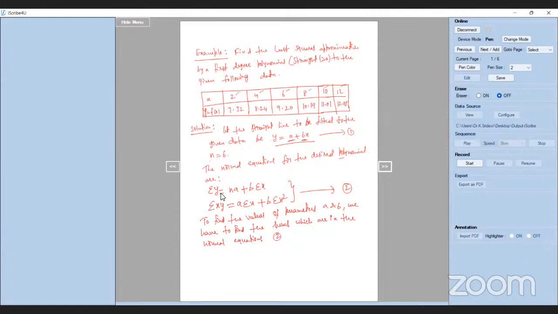So how many sums are there? Summation x, summation y, summation x square, and summation xy. So we have to find all these.